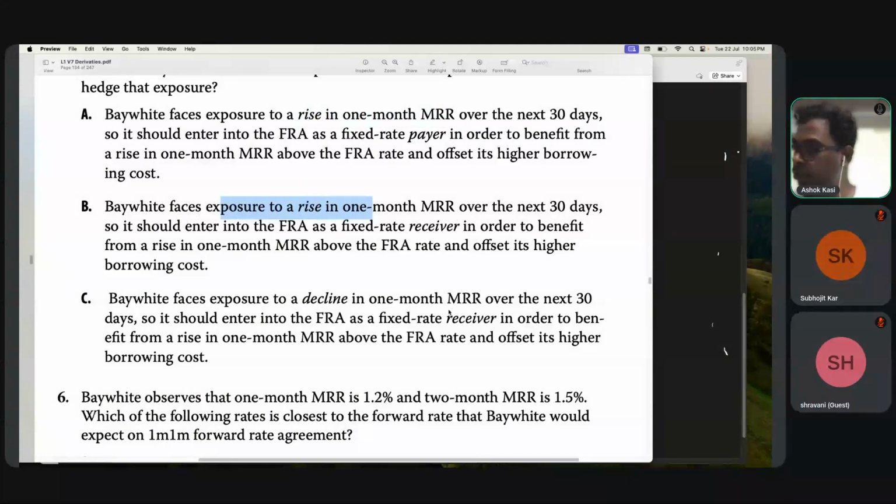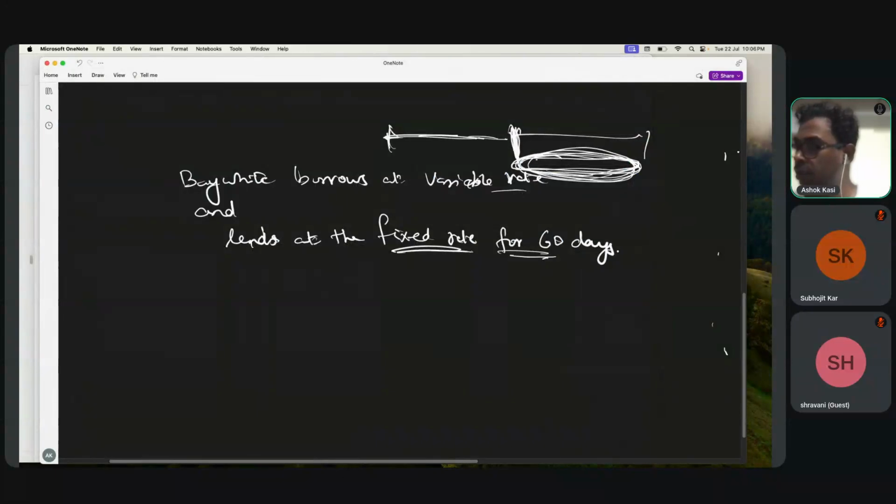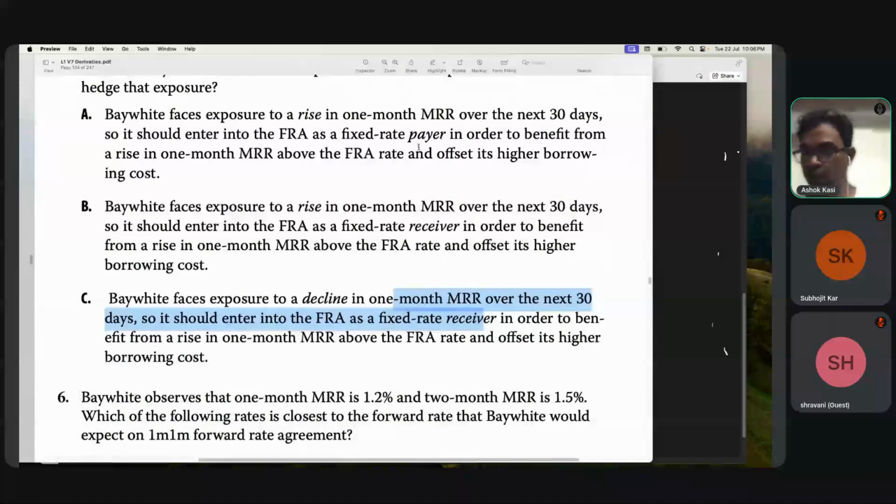Faces a decline in 1 month MRR over the next 30 days, so it should enter into FRA. No, this is not possible, because you have a fear that interest rates will go up, and that is why you are thinking about hedging. The question says you have to hedge this exposure, so it should be between A and B. Till here, is this okay?